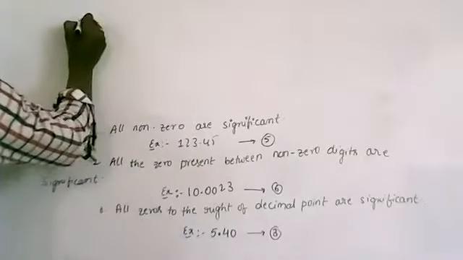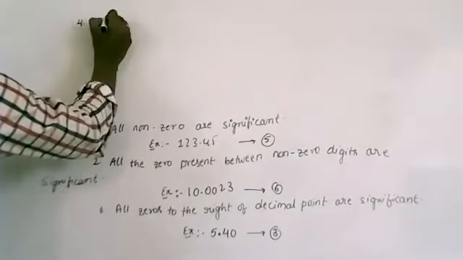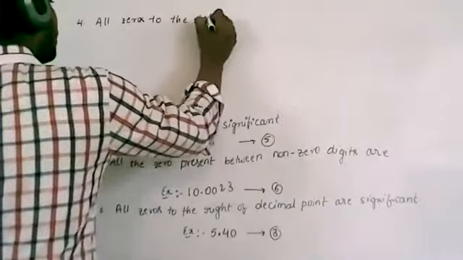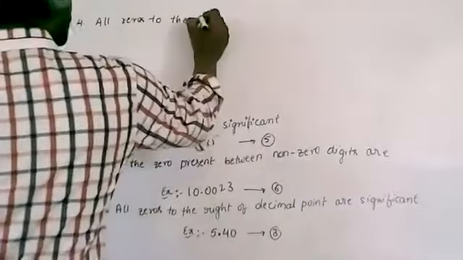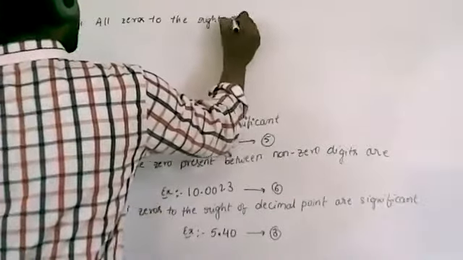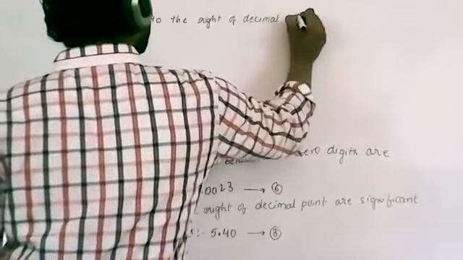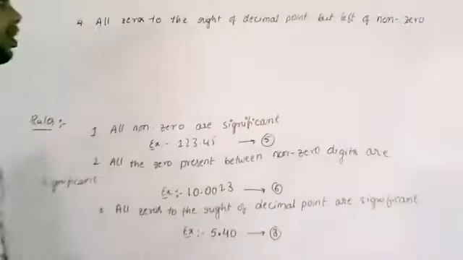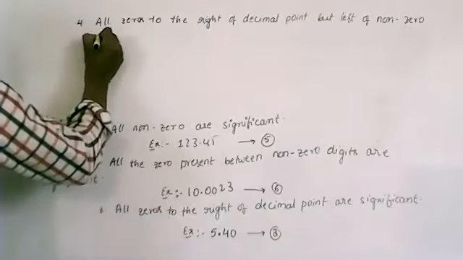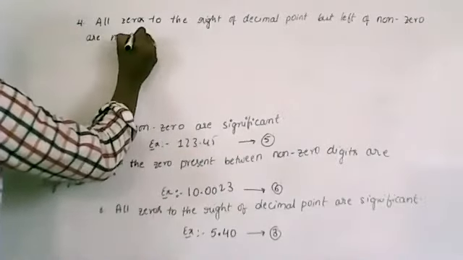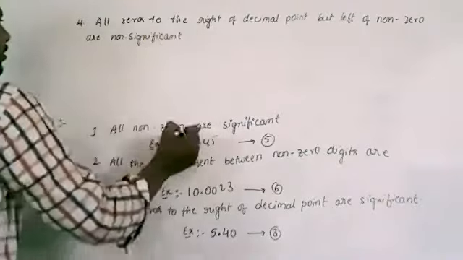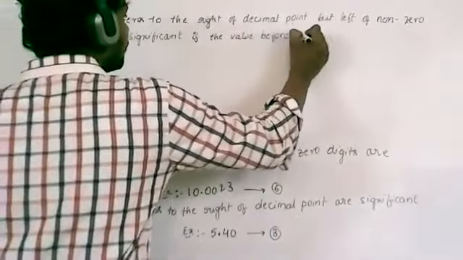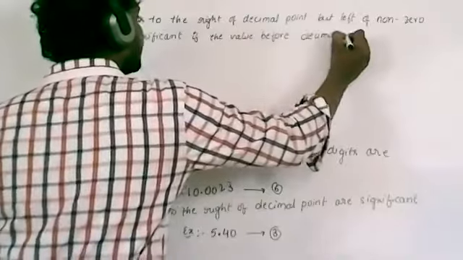Now listen. All zeros to the right of the decimal point but to the left of non-zero digits are non-significant, if the value before the decimal is less than 1.